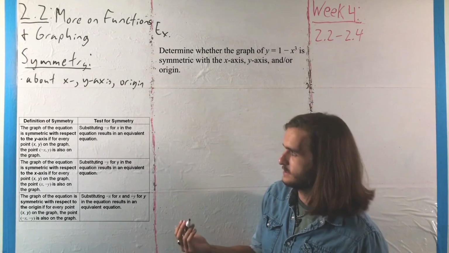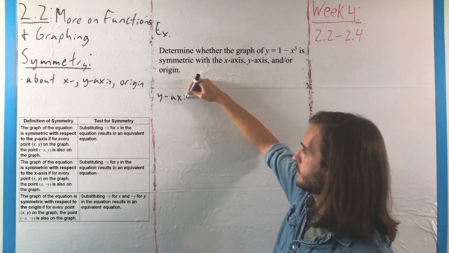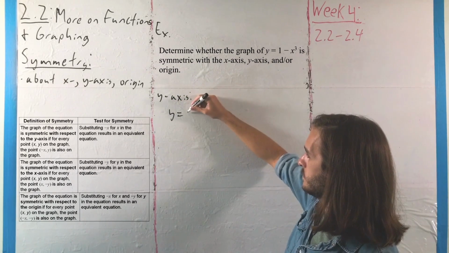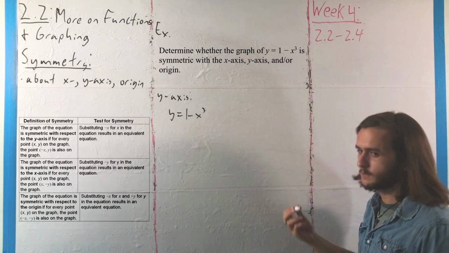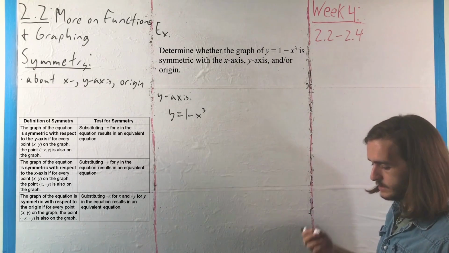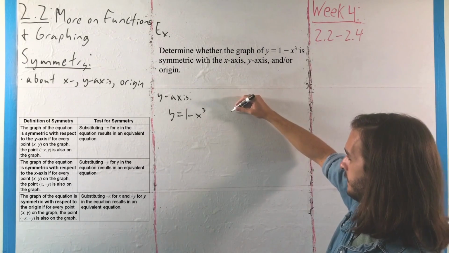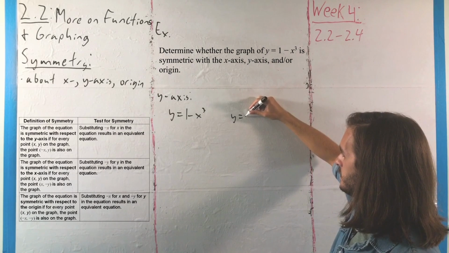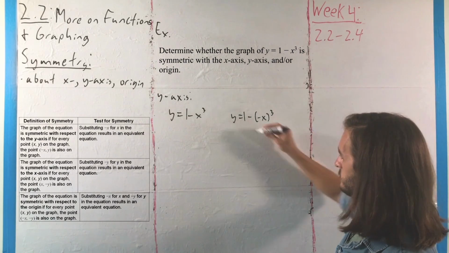If we want to check symmetry with the y-axis, we take our function y equals 1 minus x cubed, and I'm going to plug in a negative x. So I would have y equals 1 minus negative x cubed.